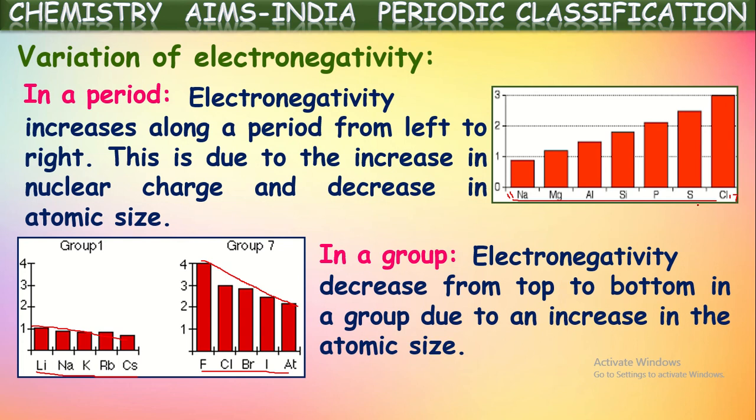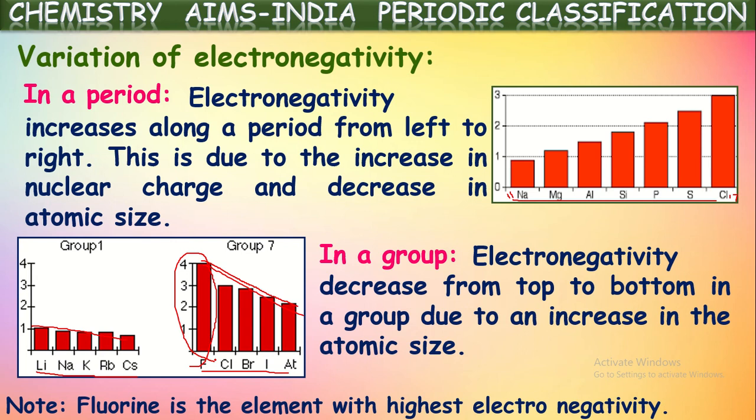Out of these halogens, from top to bottom, electronegativity decreases. So the first element of the halogens, that is fluorine, is the element with the highest electronegativity among all. This is the trend of electronegativity in groups and periods.